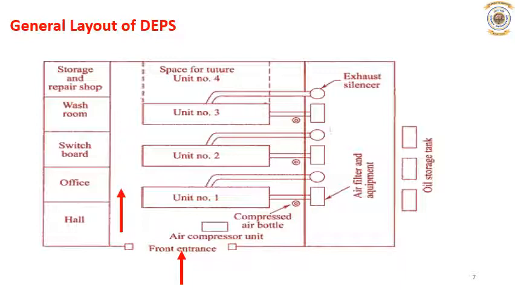At the front end, you can see hall, office, switchboard, washroom, storage and a repair shop. At the back end, you can see the exhaust silencer, which is separated by a wall and kept at the back end. The most common arrangement for diesel engines is with parallel central lines with some room left for extension in future.